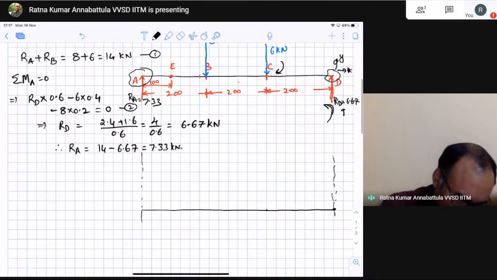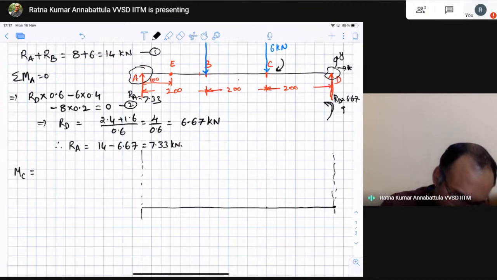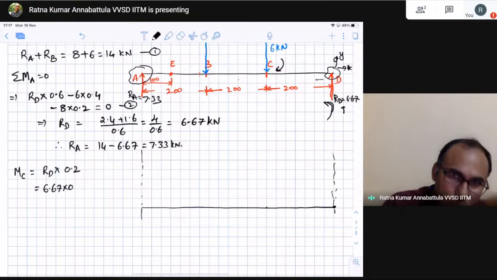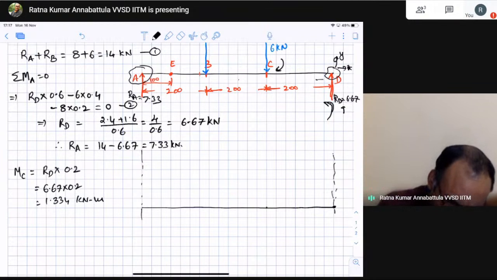The moment at point C will be equal to RD into 0.2 because the distance is 0.2. That is equal to 6.67 into 0.2, which will be 1.334 kilonewton meter. So here, let us say this distance is 1.33.